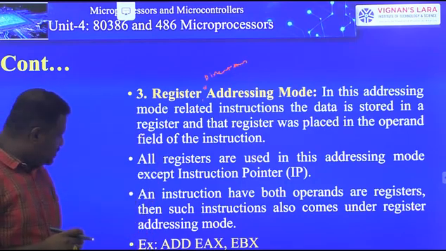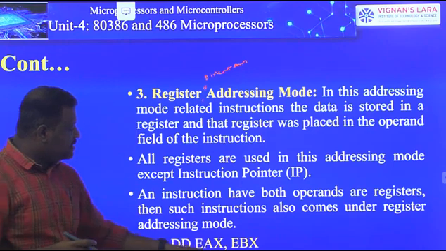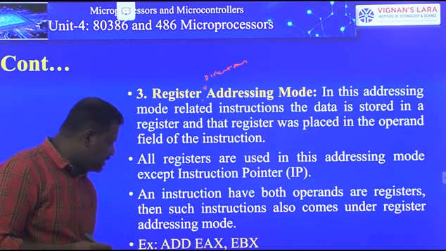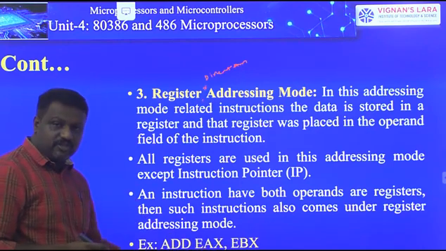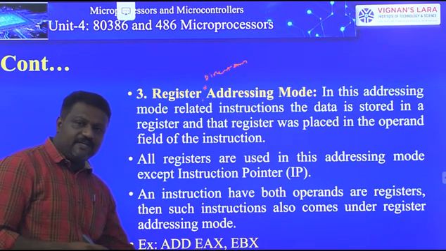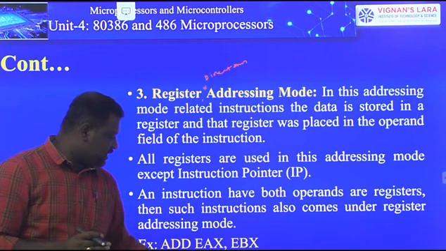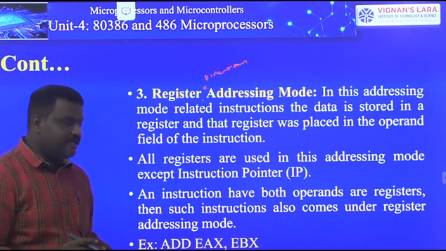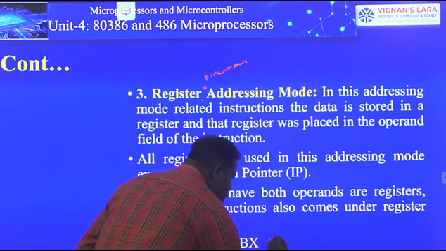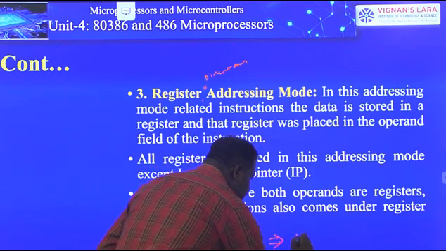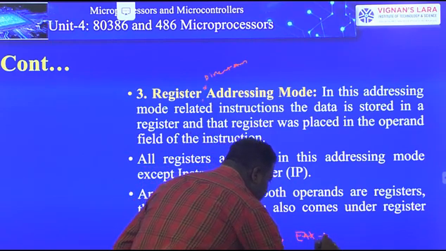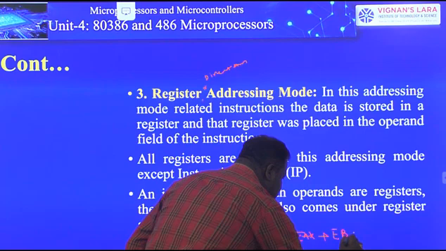So that's important. Coming to an example: ADD EAX, EBX. The meaning of this one is do addition between the content of the EAX register and the EBX register. After addition, the result is again copied to EAX. So the meaning is EAX content is added to EBX content.